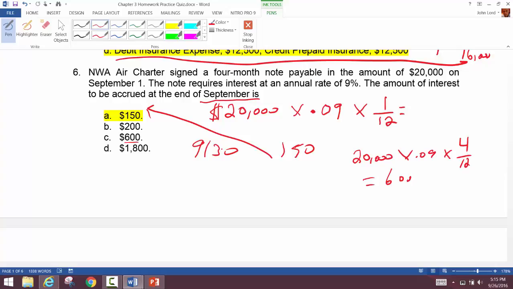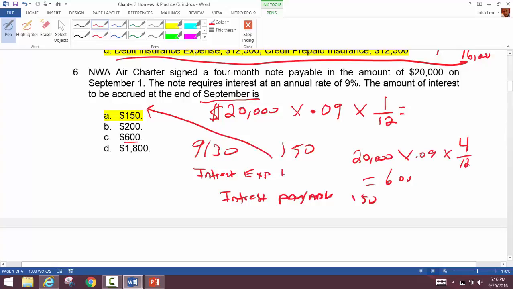I'm telling you, that one slide's going to kill you if you don't know how to do it. So you got to credit what? Interest payable, for 150, and debit what? Interest expense. I've had an expense for that 1 month, haven't I? Even if I plan to pay the guy back the 20,000.